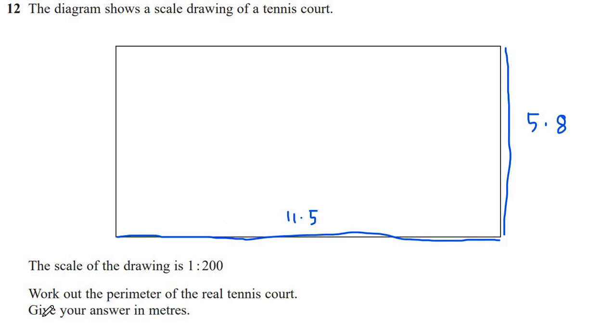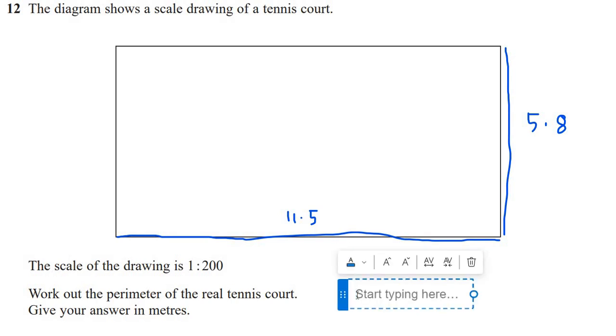Okay, so work out the perimeter. Now, what is a perimeter? Perimeter is the sum of all sides, right? So let's see, it's going to be 11.5 and then 5.8 plus another 11.5 and another 5.8.